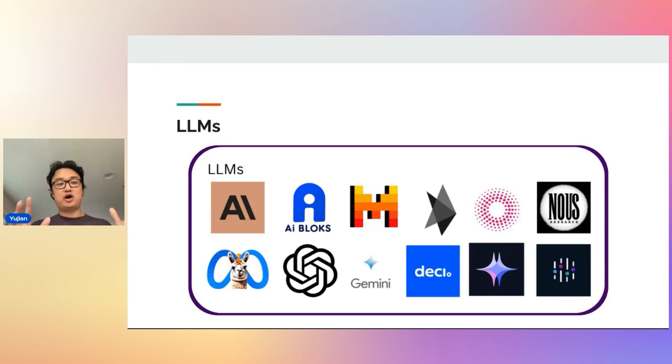The first thing to know about LLMs is that here I have 12 logos for the LLMs in this stack. And these logos are definitely not an exhaustive list of the LLMs that people are working on. These are just some of the most popular ones that people know of, or some of the ones that I've been able to encounter during this time, right?